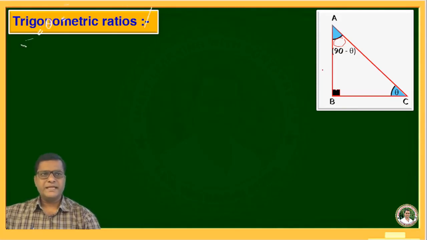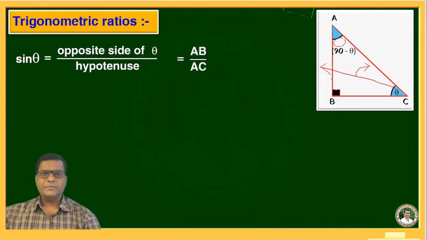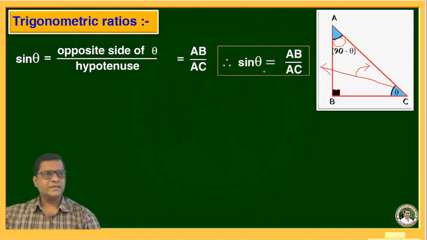First, sin theta is nothing but opposite side of angle theta divided by hypotenuse. See here, this is the opposite side of angle theta. The opposite side of angle theta is AB and hypotenuse is AC. Therefore, sin theta is equal to AB upon AC. This is the sine ratio, means opposite side upon hypotenuse.